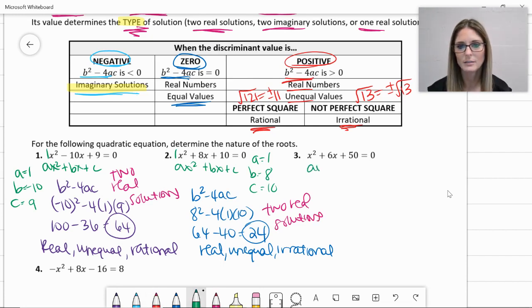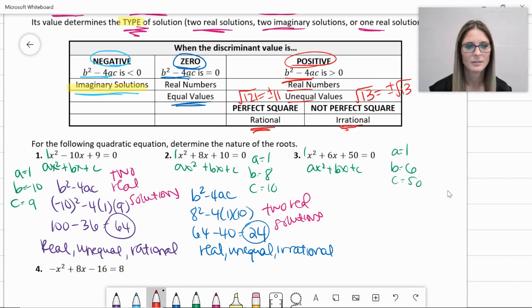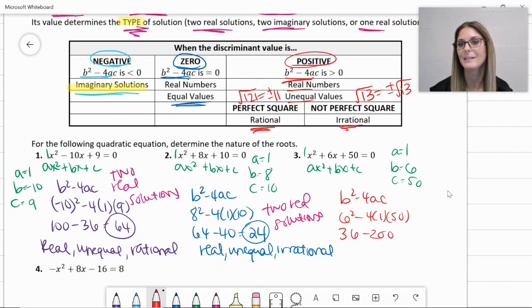Number 3, my A is another understood 1. B is 6 and C is 50. So if I do b squared minus 4ac, 6 squared minus 4 times 1 times 50. 6 times 6 is 36 minus 200.